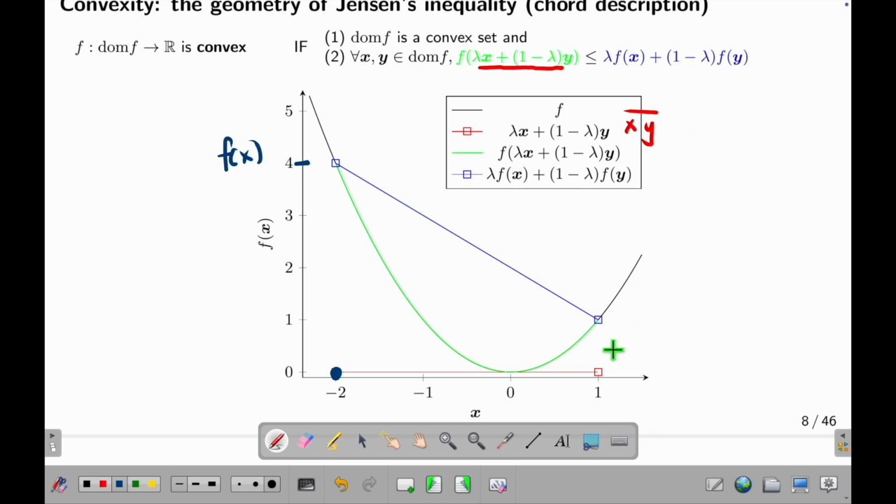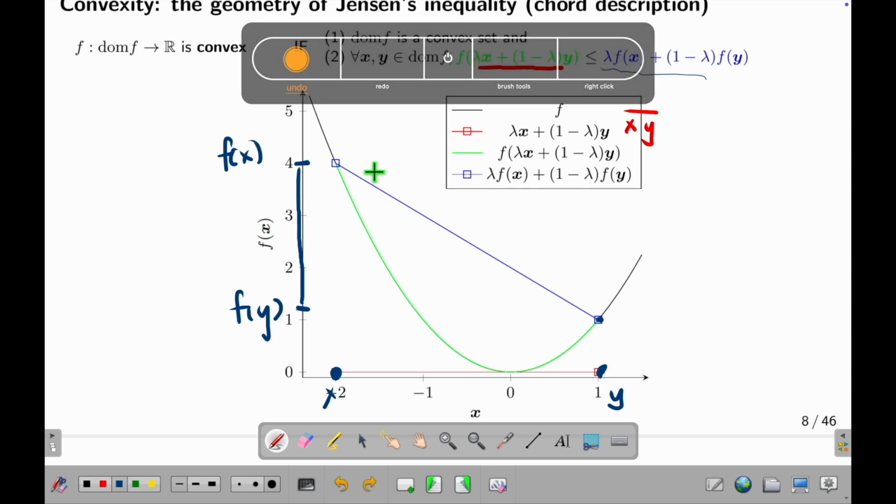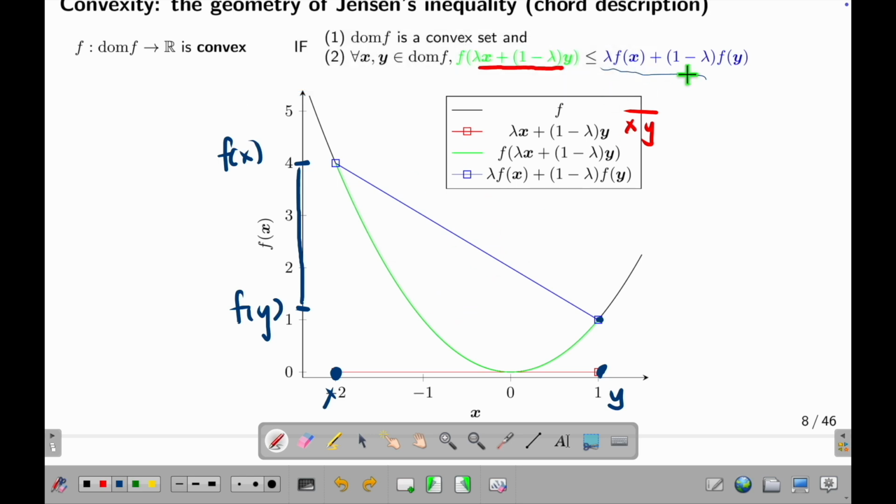Okay, this is y. Then this point goes to the y-axis. This is f(y). Okay, then what is this? This basically is just a linear combination on the y-axis, right? So basically, if we map it back to this function, we get this funny line. This is saying that if blue is above green, it's convex.